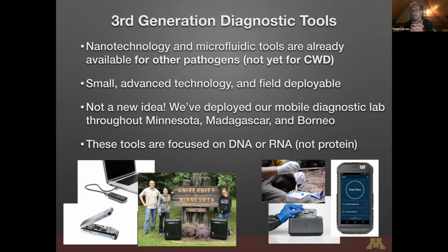They haven't been developed yet for proteins, but they've been developed for RNA and DNA pathogens like COVID-19. These technologies are really small. They fit in the palm of your hand. We have a DNA sequencer that's the size of a Snickers bar. And in the bottom there at the University of Minnesota sign, there's 2 suitcases there, Pelican cases.